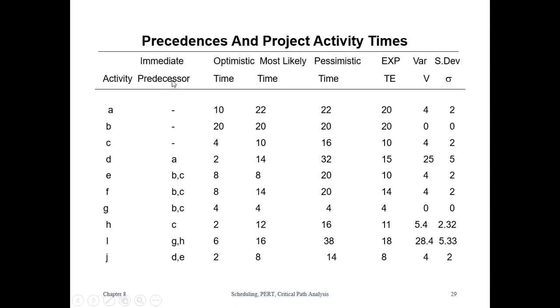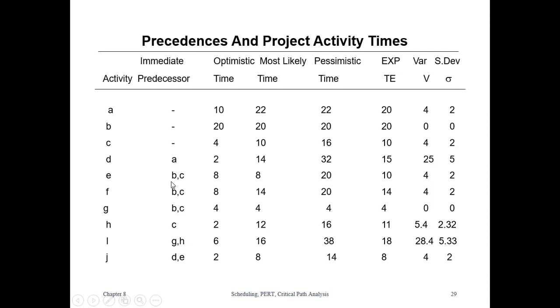Now let us look at an example here. Here a project's activities and different times are already given. These are the different activities, A, B, C, D up to J, and these are the immediate predecessors. This means that activity A is a starting activity. There is no activity before A, B and C, whereas for D, A has to be completed.